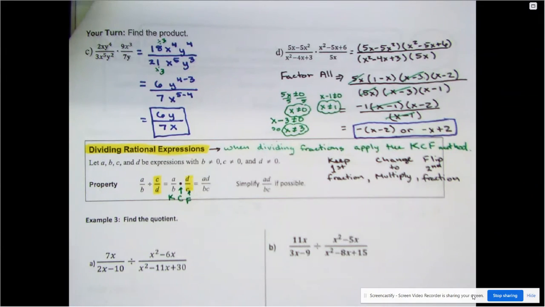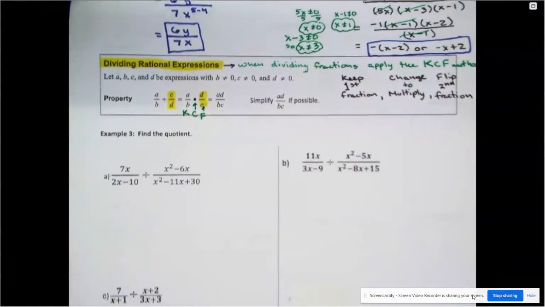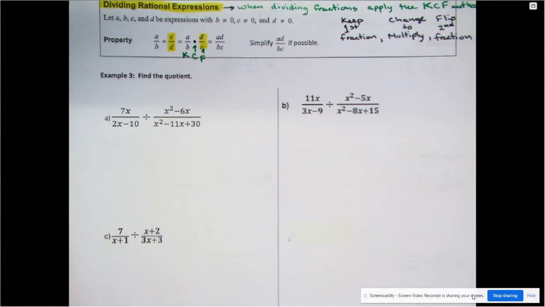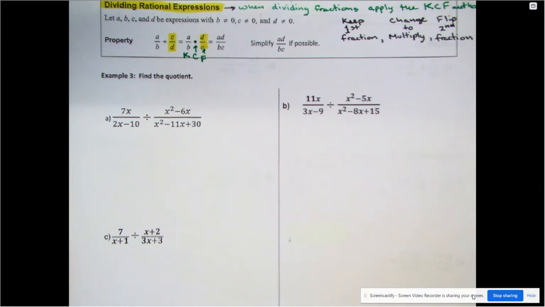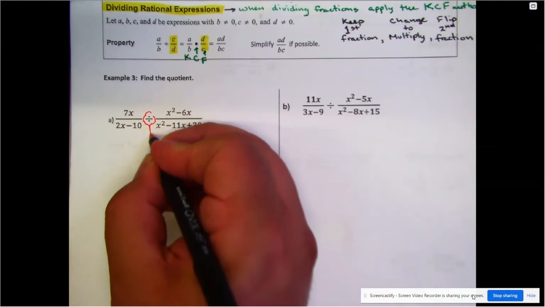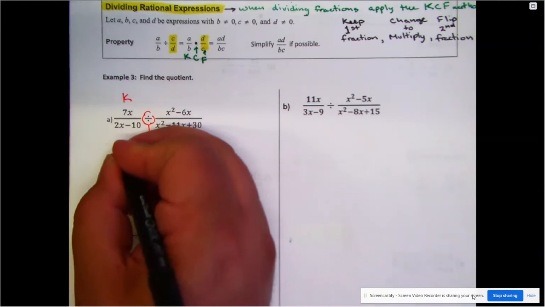So we're going to do a little bit of practice here. We're going to do 3 of the problems. Because we want the space for these problems here, notice how we have deleted letter D to get that extra space. All right, so here we go. Now, very first thing we're supposed to do is we don't like the division, so that's why we do the KCF. We're going to keep this one exactly the same way.